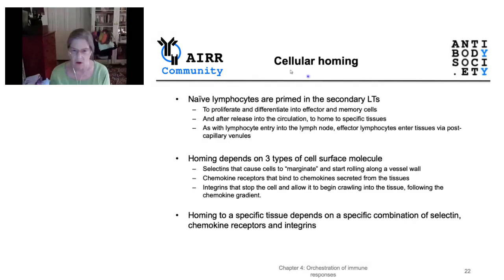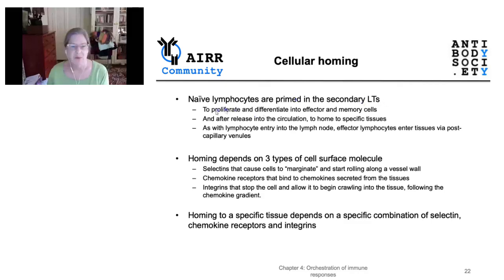All right. So first of all, I want to get into the idea of homing. Homing is super important, but there's a framework that you can always depend on when thinking about homing. First of all, as you recall, naive lymphocytes, whether they're B cells or T cells, are primed in the secondary lymphoid tissues.